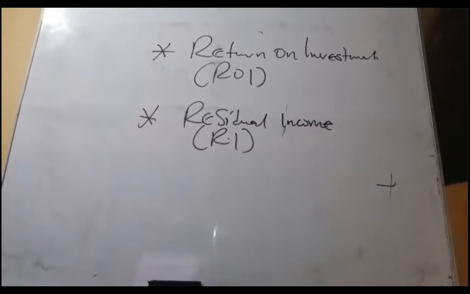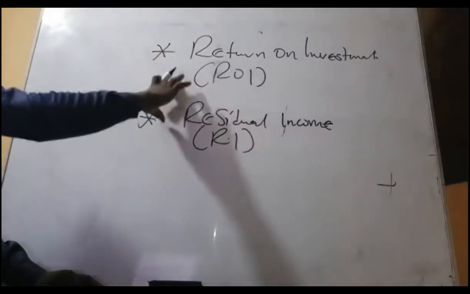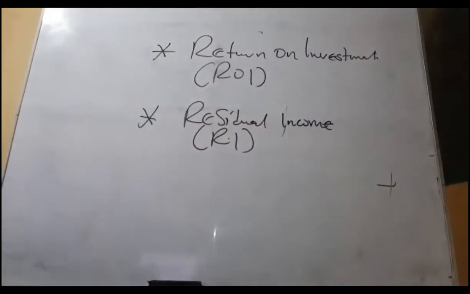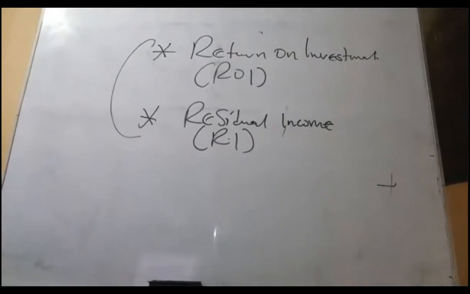Now, the performance of an investment center is usually monitored using any of these methods. So for the investment center, your performance is being measured using what? The return on investment or the residual income. It falls under the responsibility center, in brackets, the investment center.